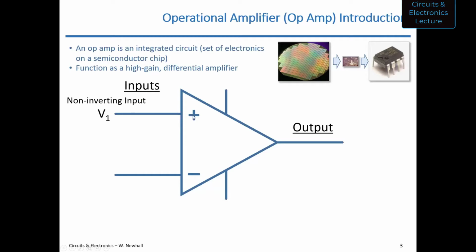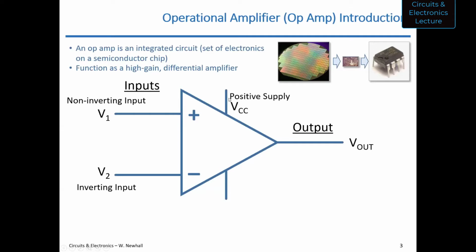It's the input next to the plus sign. The other input next to the minus sign is the inverting input. We give that a voltage variable V2. At the output, we've defined just a V out voltage. So that's the node voltage at the output of the op amp.